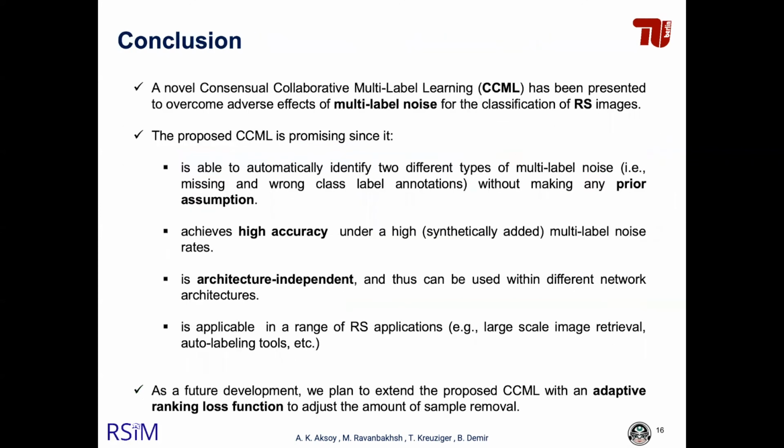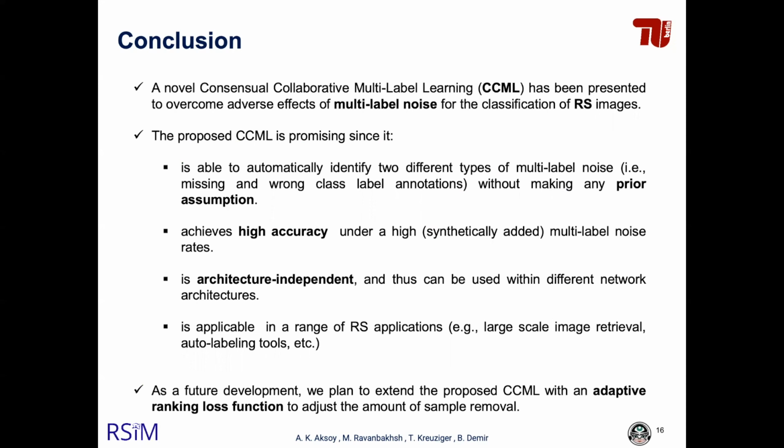So, in this work, a novel consensual collaborative multi-label learning method has been presented to overcome the adverse effect of multi-label noise for classification of remote sensing images. The proposed CCML is promising since it can automatically identify 2 different types of multi-label noise without making any prior assumption and achieves high accuracy under high synthetically added noise rates.